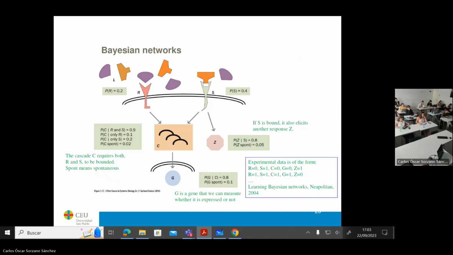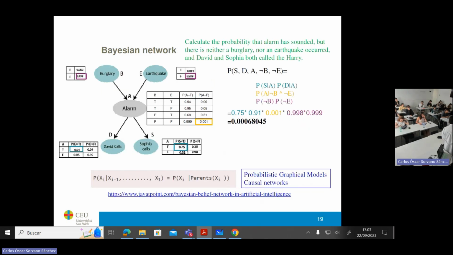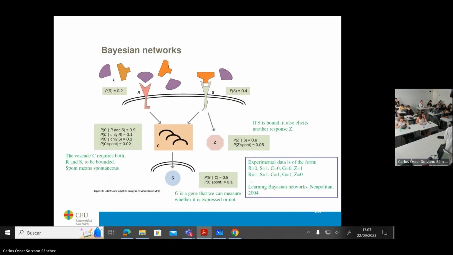And the kind of input for these, because you need to estimate those probabilities. So you need to estimate those tables. So you need data for that. And the kind of data that you get is of this kind. So you can measure whether in a particular experiment, what do you measure?